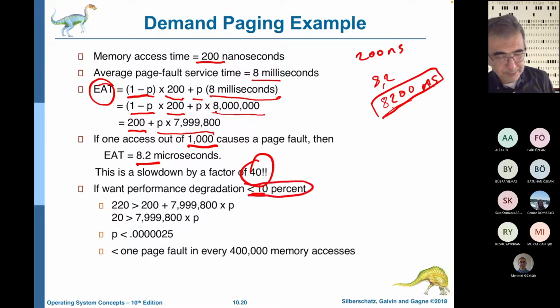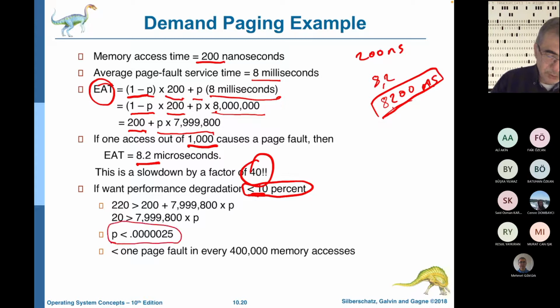If the performance degradation is asked to be less than 10%, the question will be solved as p should be smaller than 0.0000025. So that kind of probability we will be talking about in order to have only a 10% slowdown due to virtual memory.